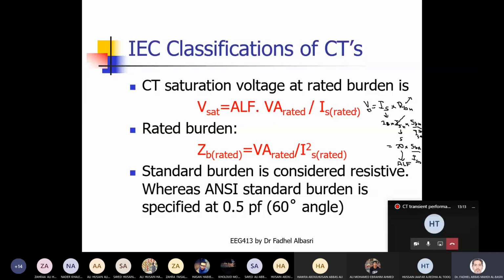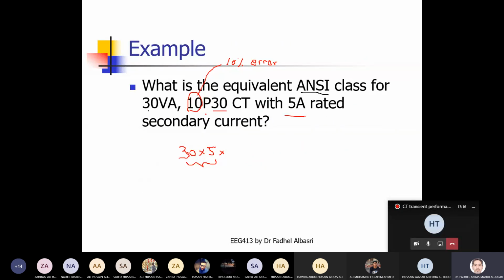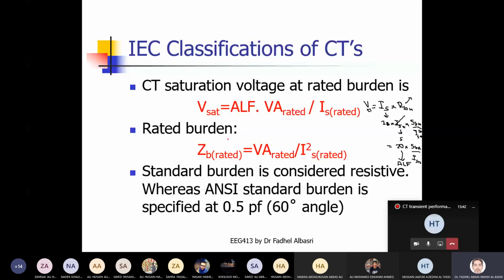So the volt ampere rated over I secondary, where the volt ampere rating is 30, divided by I secondary 5. Because in this formula, I already cancelled this with this.